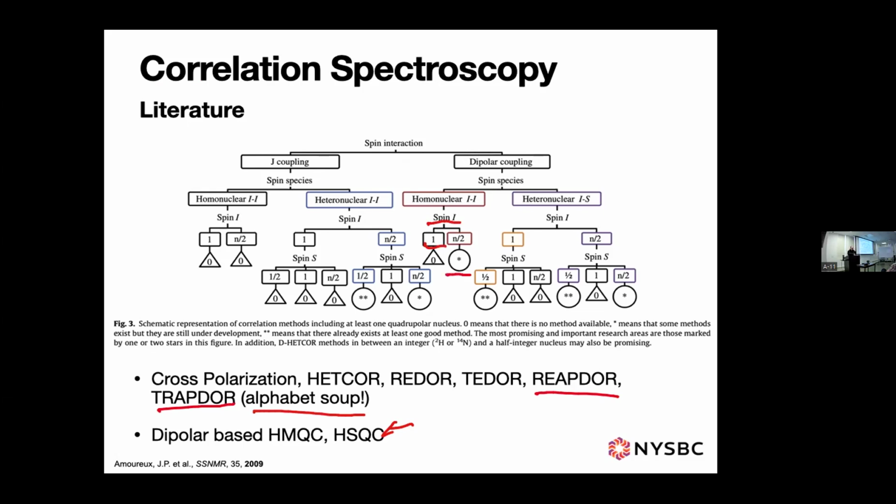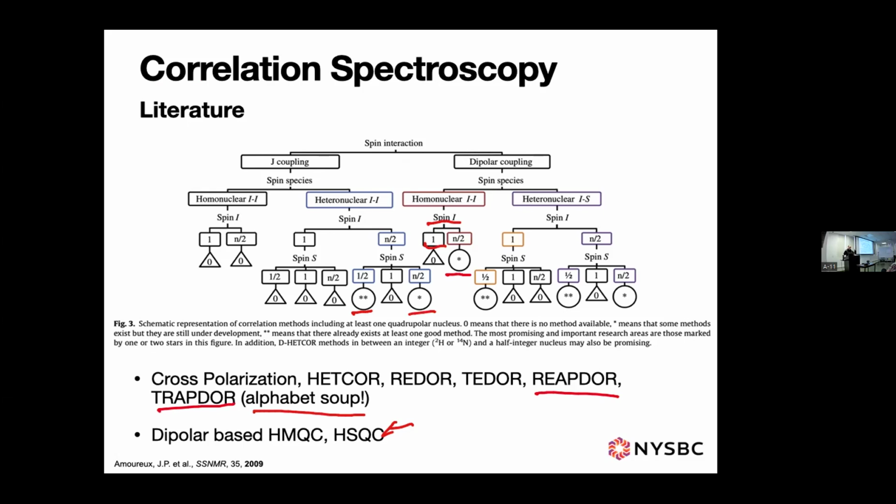But there's development on spin 1/2 to spin 1/2. Obviously they're homonuclear, so they both have to be the same, so one's spin 1/2 to spin 1/2 heteronuclear, there's lots of stuff out there to do that. Non-half-integer to non-half-integer, that's harder.